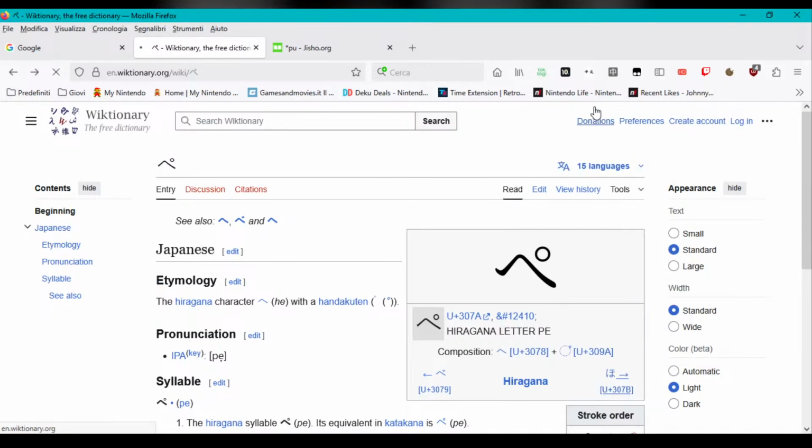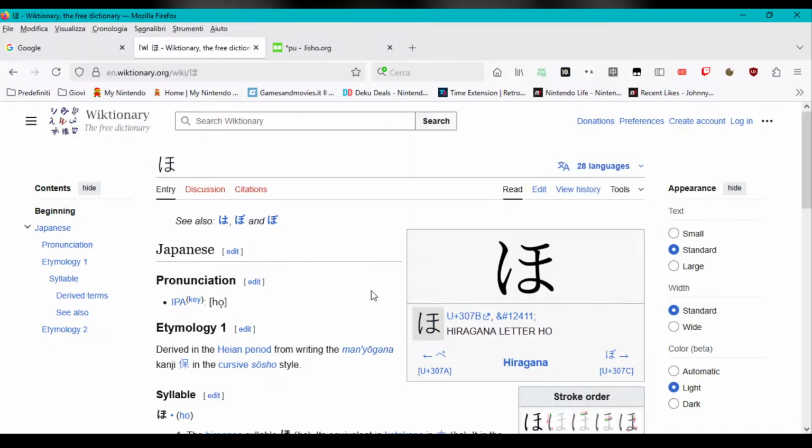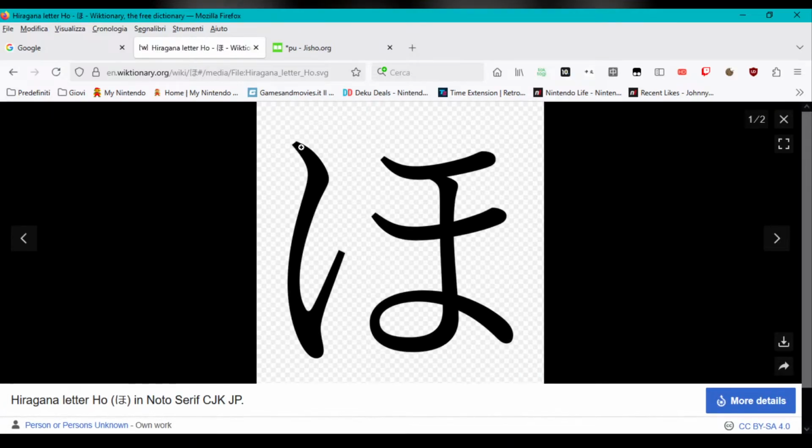Then we see ho. As you can see, it's similar to ha, but with an additional stroke on top, so be careful not to confuse them. Of course it will happen, but keep it in mind.